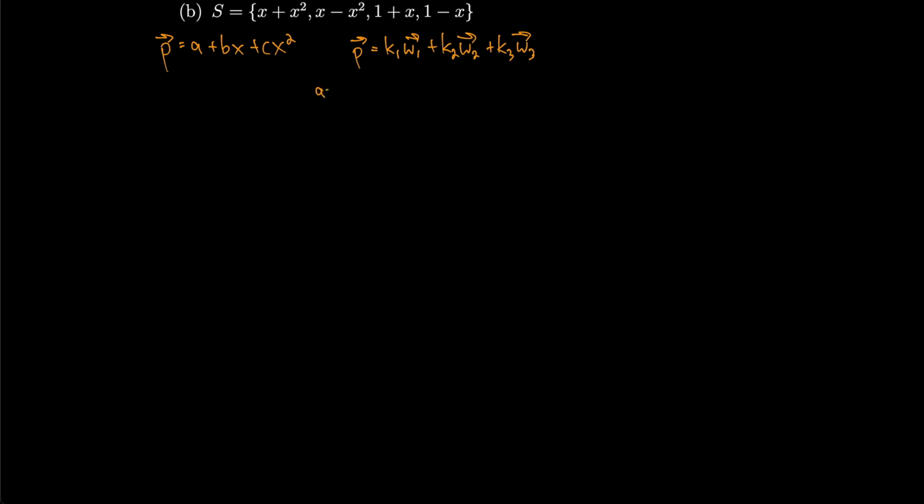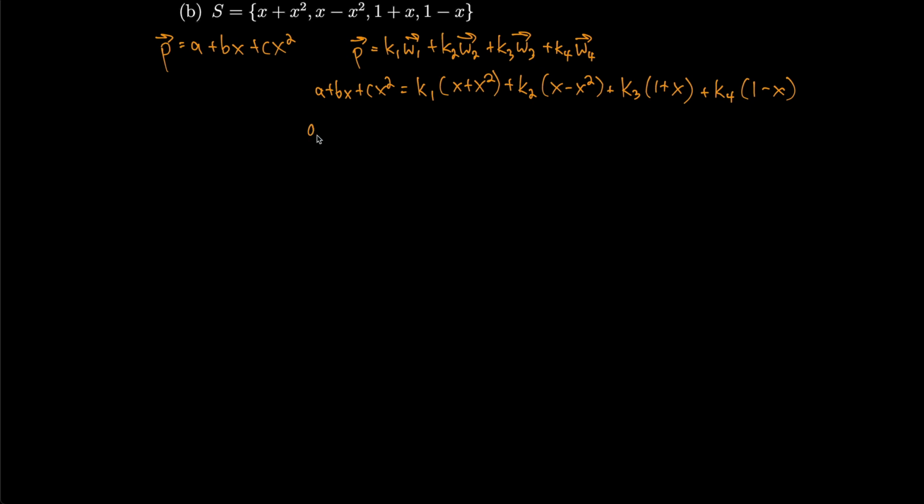So we'll write a plus bx plus cx squared equals k1 times x plus x squared plus k2 times x minus x squared plus k3 times 1 plus x. And, oops, I forgot that there's actually a k4. In this case, there are 4 vectors, so I need k4 w4. So this will actually be plus k4 times 1 minus x.